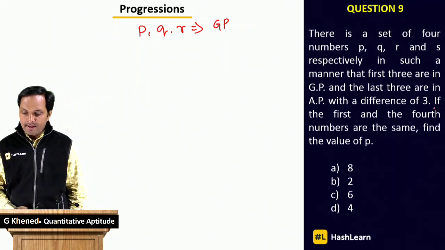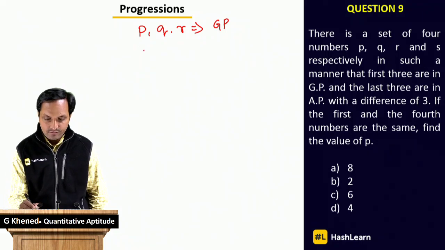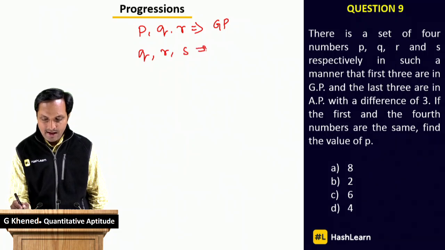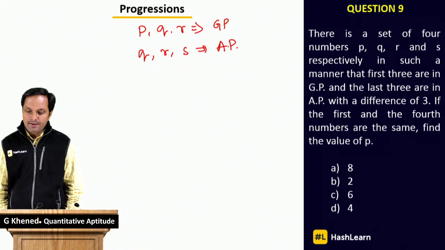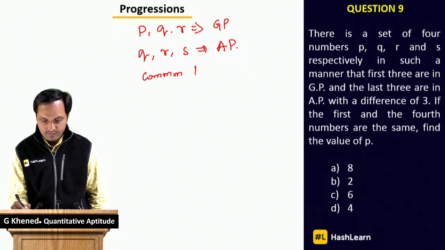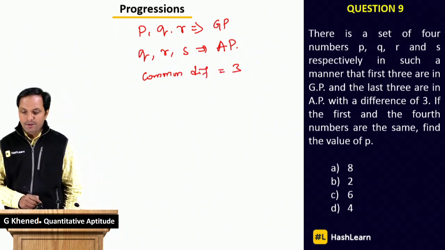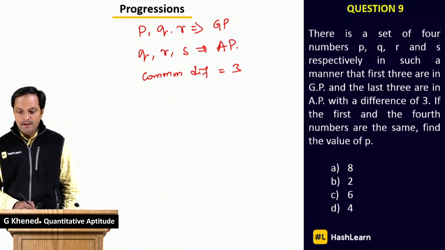And the last 3 terms, Q, R, S, are in arithmetic progression, with a common difference of 3. If the first and the fourth numbers are the same, then find the value of P.